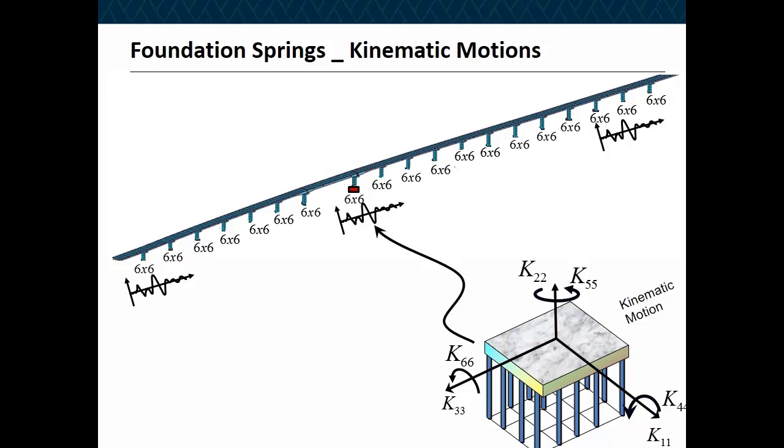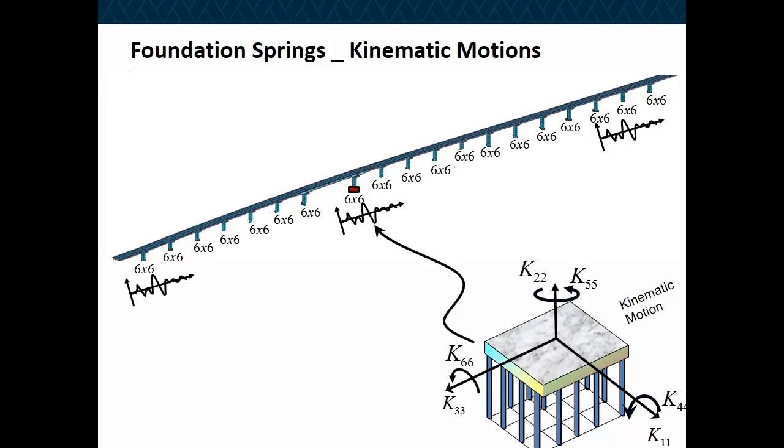Okay, so this is what you do. If you look at the global model now, you have your foundation 6x6 matrices, which include the mass matrix, damping matrix, and stiffness matrix, and then the kinematic motion, where the model for the foundation is done separately.